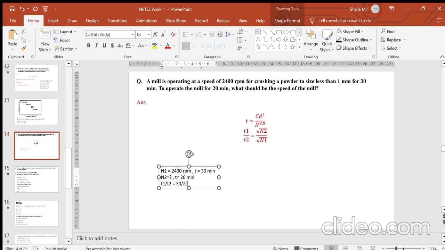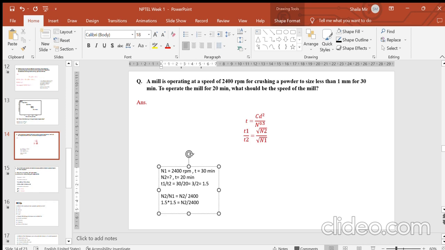So T1 by T2 will be equal to 30 by 20, which is 3 by 2, equal to 1.5. Then we have N2 by N1, where N2 we do not know, over 2400.